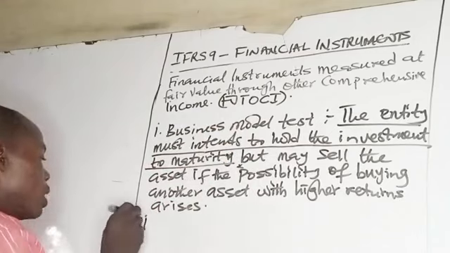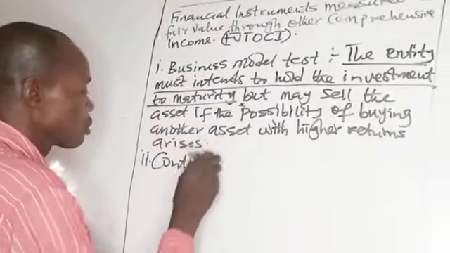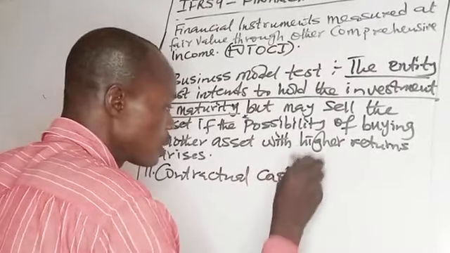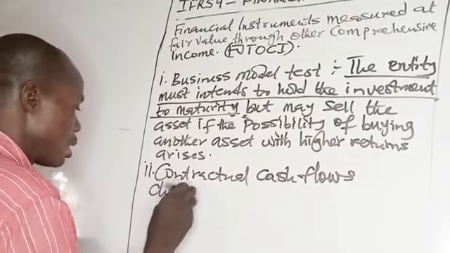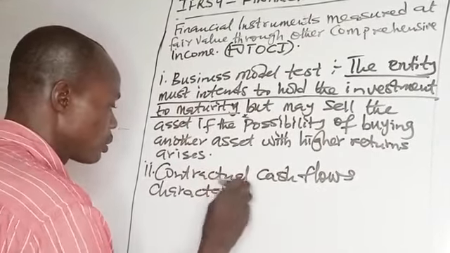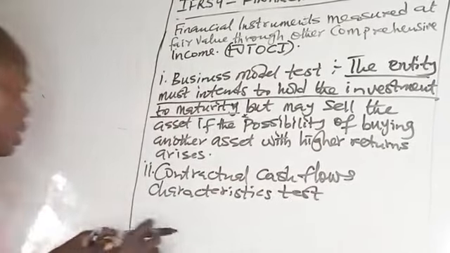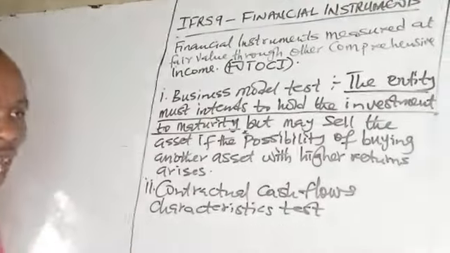Number two, the second test is the contractual cash flows characteristics test. This is the same as that of amortized cost.